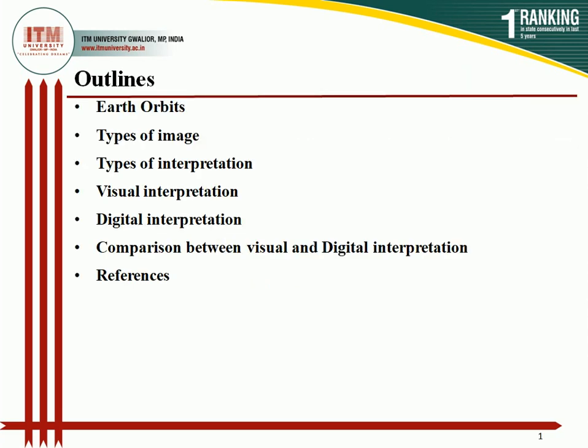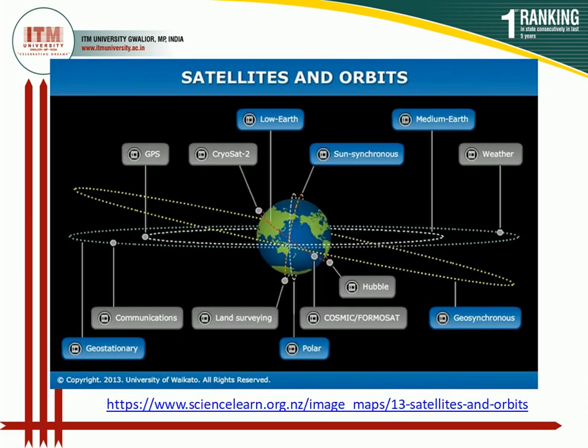In today's lecture we will study the different types of orbits at which satellites are placed, which types of images are taken by remote sensing satellites, how to interpret them, the basic types of interpretation and the comparison between them.